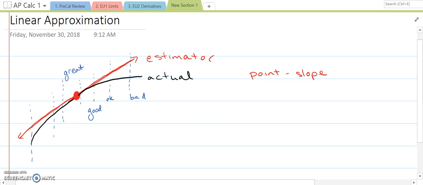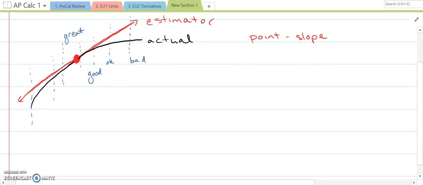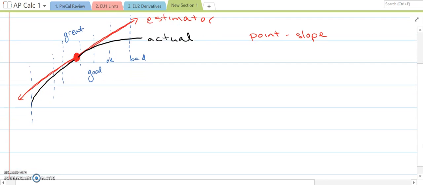We're just finding the tangent line at a particular point. This linear approximation idea is going to help you estimate a particular value that your calculator is the only way that you would get otherwise. Let's go ahead and do an example.